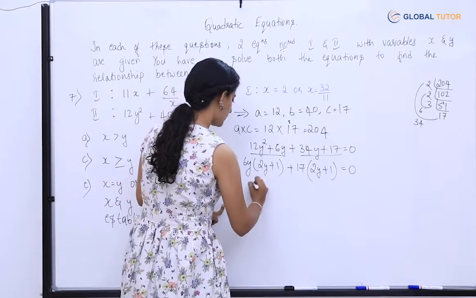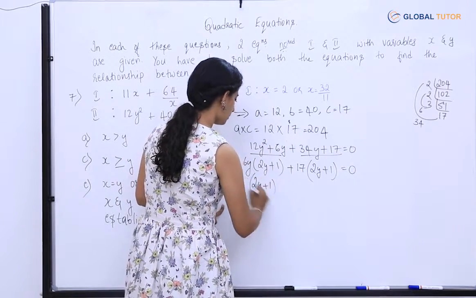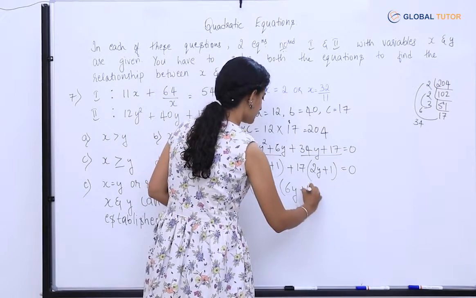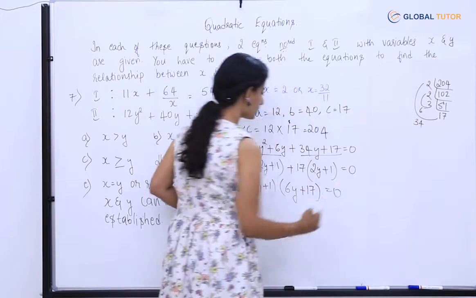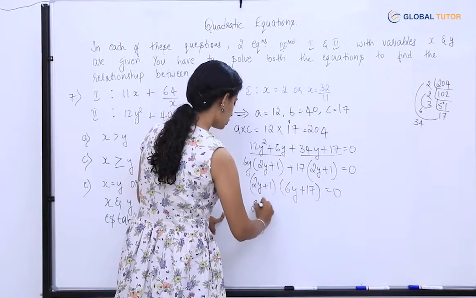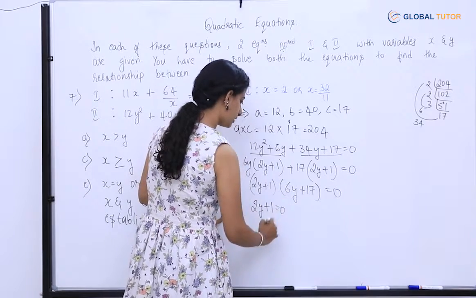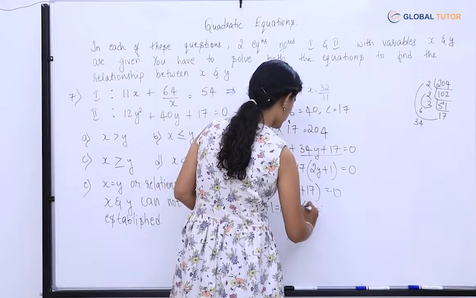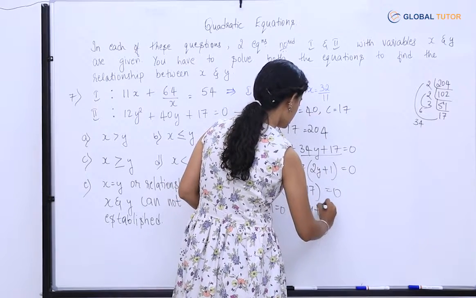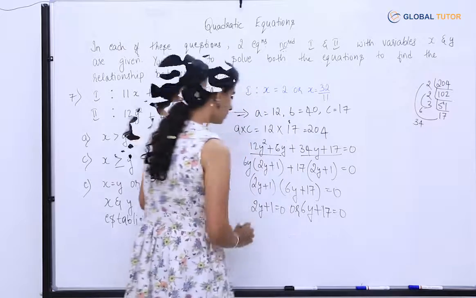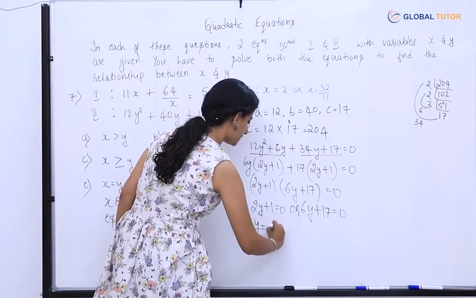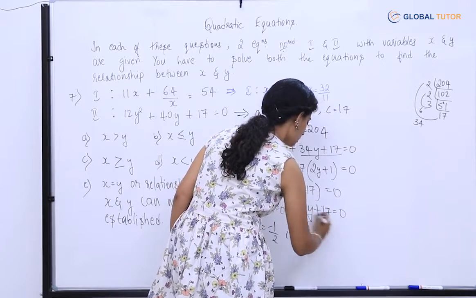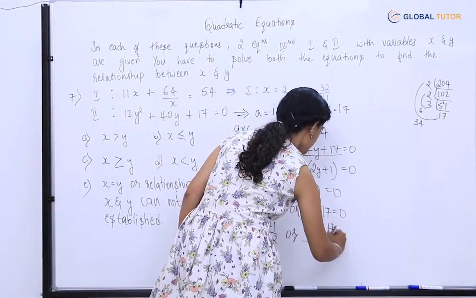So if I take 2y plus 1 as common, I'll be left with 6y plus 17, which is equal to 0. Which means 2y plus 1 is equal to 0 or 6y plus 17 is equal to 0, which means y is equal to minus 1 by 2 or y is equal to minus 17 by 6.